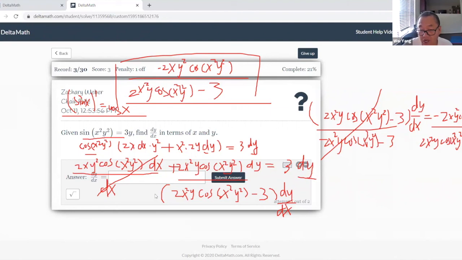You know, it's a product, so we need to use the product rule. First, the derivative with respect to x, you get 2x times dx. Then y squared stays there. Then for the second term, x squared stays there, then the derivative of y squared gives you 2y times dy. Yes, sir. I understand. Okay, good. Now let me take this part away, then you can input your answer.